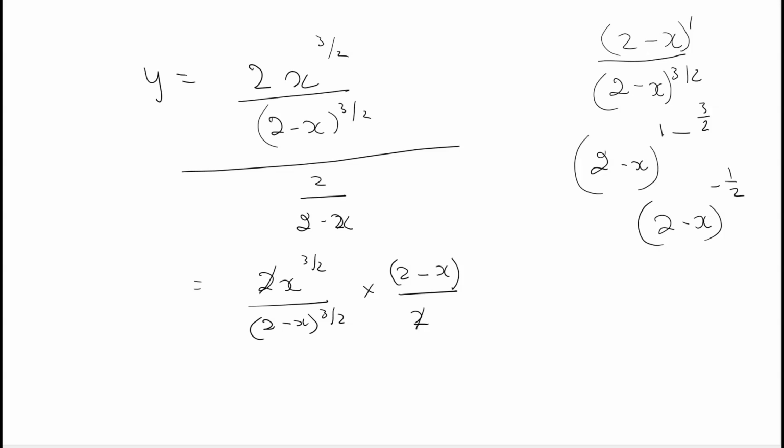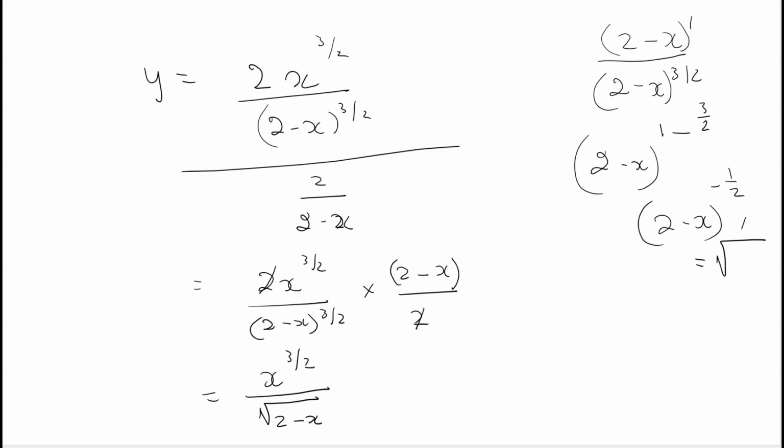Okay, so it's on the bottom, so it's just the square root of that. So I put that on the bottom. And on the top then, I've cancelled out my 2's, and all I'm left with is the top line, x to the 3 over 2 over 2 minus x to the minus a half, which is probably easier to see. I'll just rewrite that.